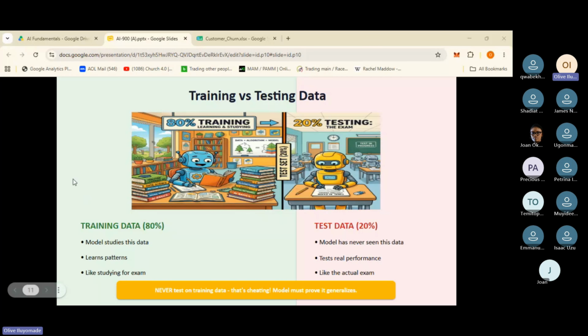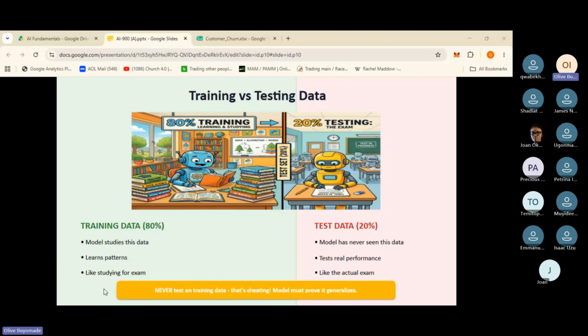That training data, we'll put it in, and the machine has to learn patterns from the training data. Then we test the model on the test data, to see how it will work on new customers, for instance. If you test on training data alone, you would get some accuracy, but that accuracy won't be true.